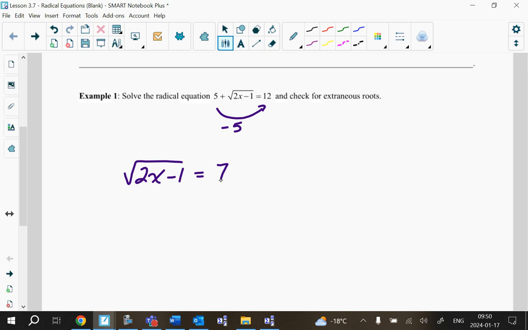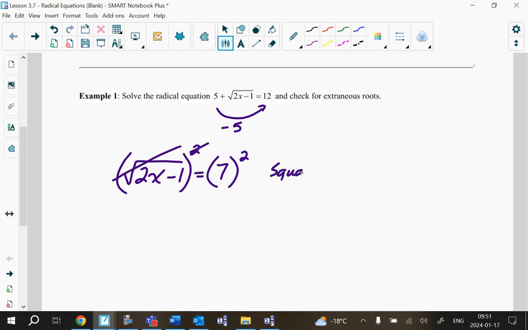Now we don't want to add 1 to both sides. We don't want to divide both sides by 2 because all that stuff is under the square root. So we want to get rid of the square root next. How do we do it? Just square both sides. And the square and square root will cancel each other out.